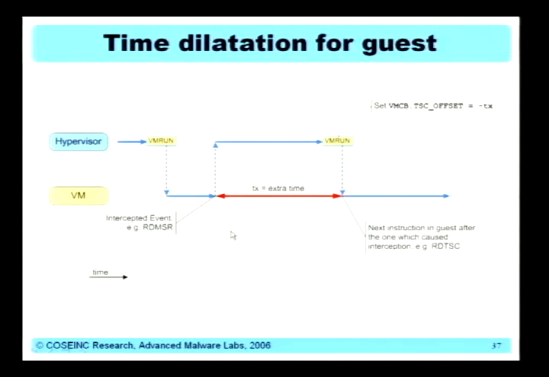So if guest called read TSC instruction, which is used for reading timestamp counter, and read another and remembered the result, and then it called it again here, it will not notice this extra time, right? Just because we subtract this time which we added.